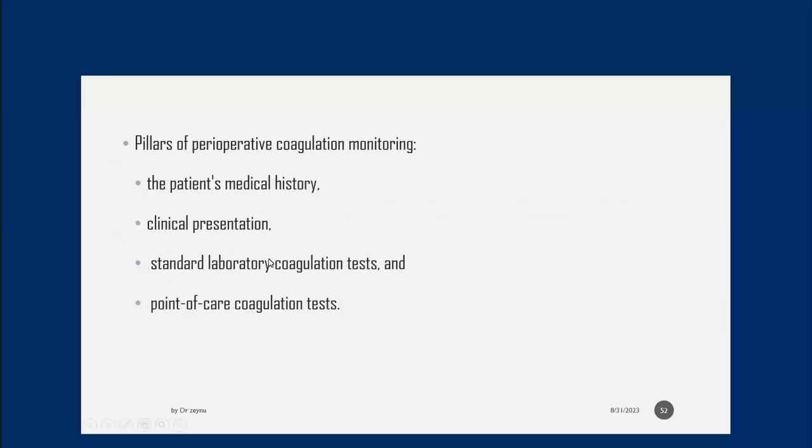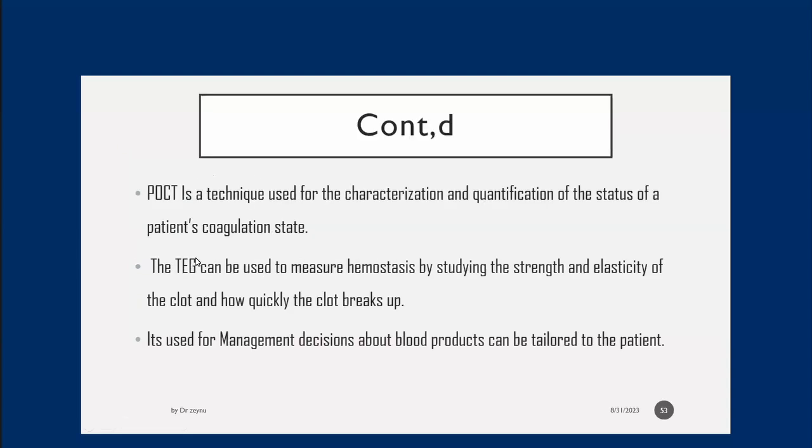As the pillars of perioperative coagulation monitoring, we need to take the patient's medical history, whether the patient is on anticoagulants or has any bleeding disorder. We need to check that, and we need to check the clinical presentation of the patient. We need to do standard laboratory coagulation tests like PT, PTT, and INR. And we can also do point of care coagulation tests like thromboelastography.